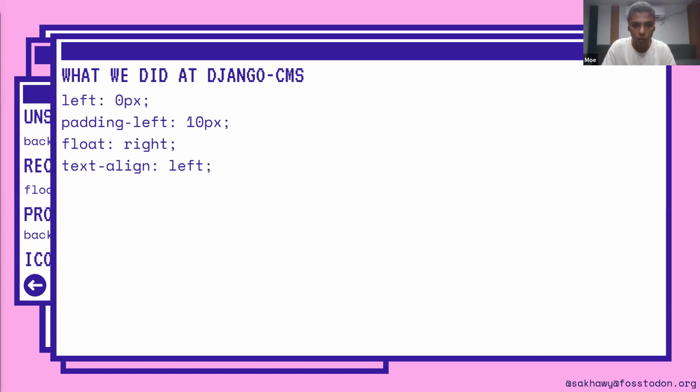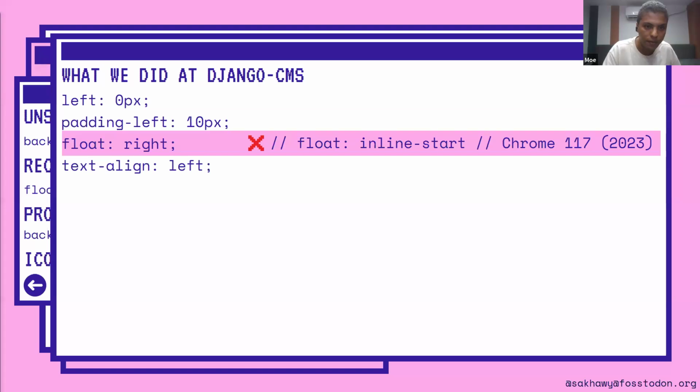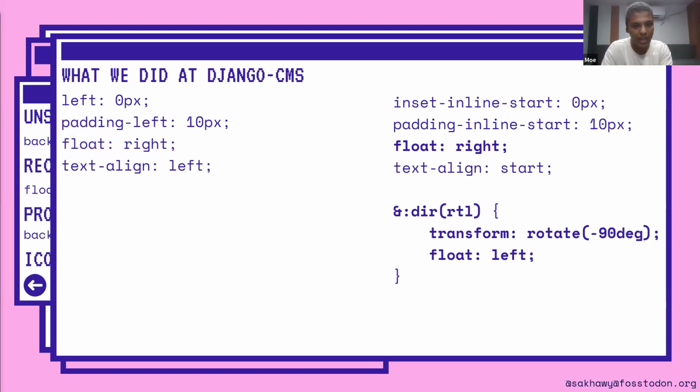Let's say we want to convert the following logical properties. Everything would be just fine except for float right. Despite having logical values, this was only recently introduced to some browsers. For example, it doesn't work on Chrome 117 from 2023. So we chose to use the dir pseudo class.